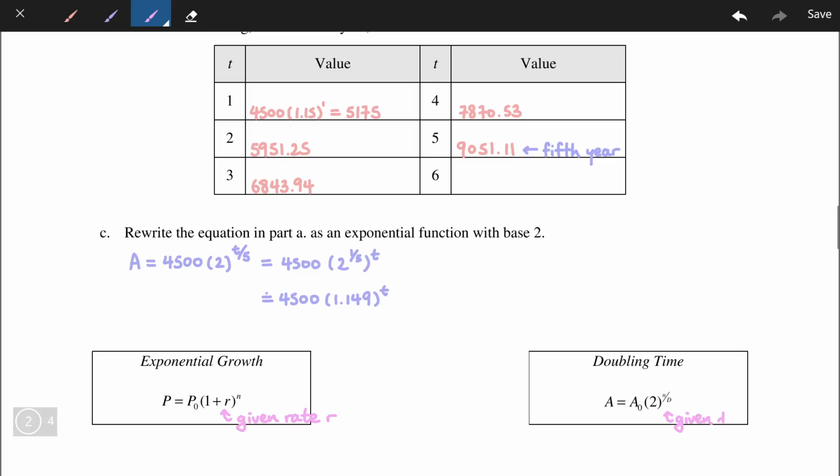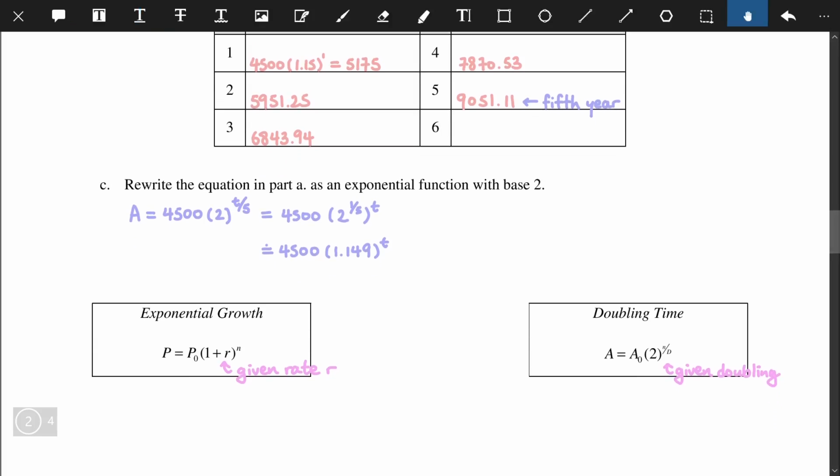Okay, so both of these in general will be about exponential growth, as in the amount is increasing exponentially. Be that amount value or number of bacteria or number of people in student council, anything like that.